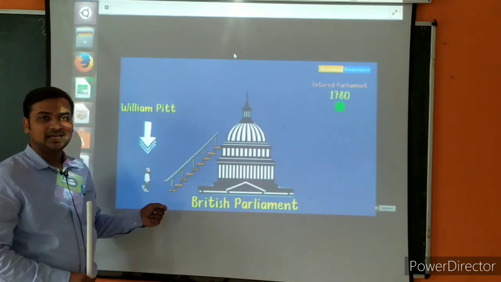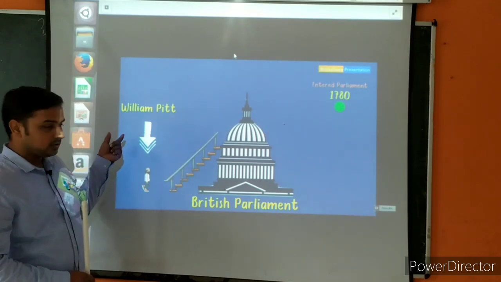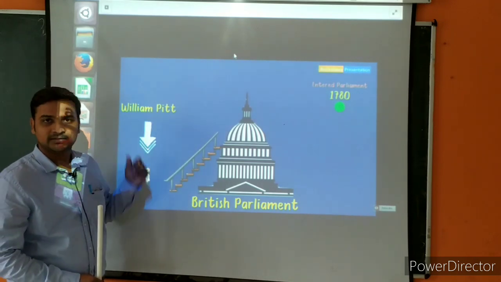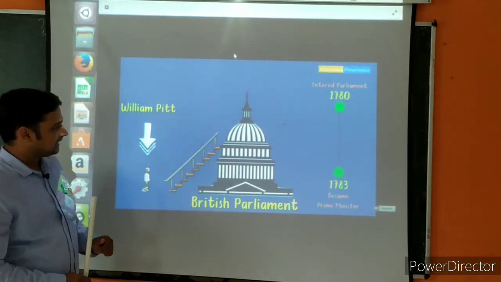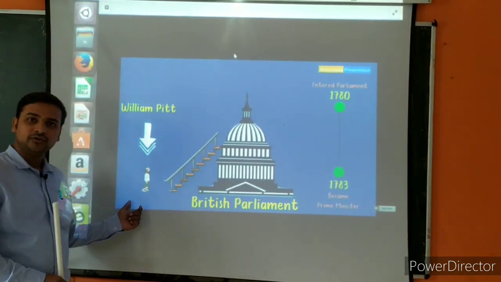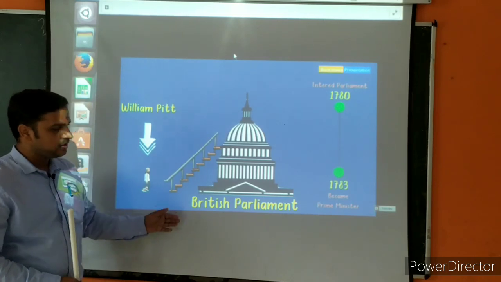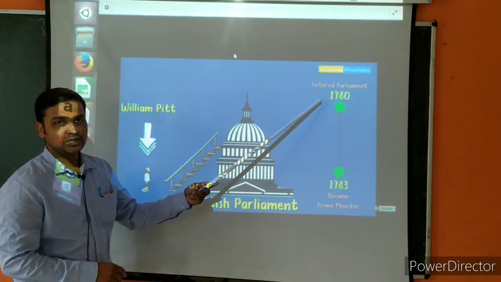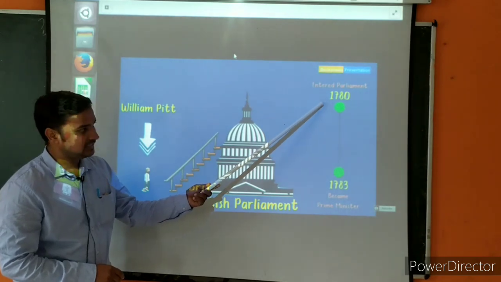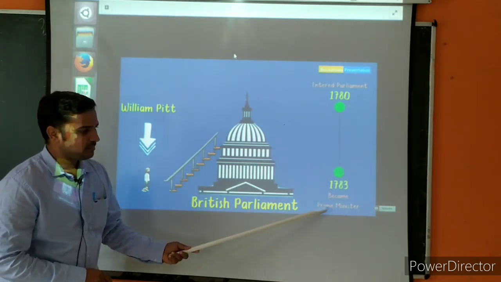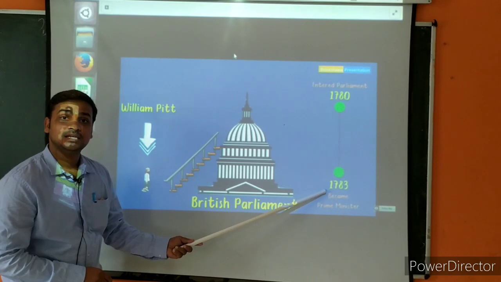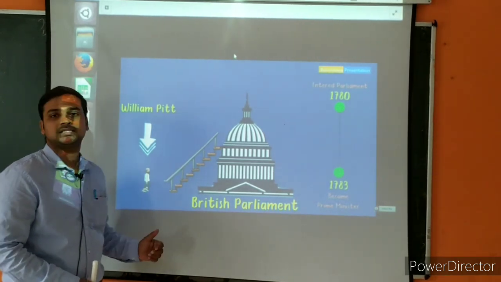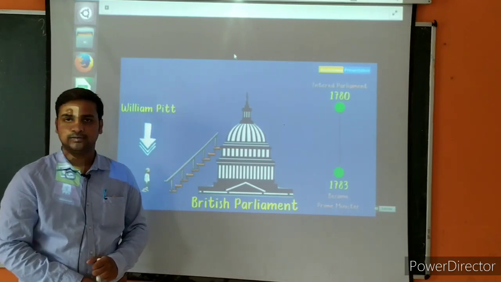So Pitt's India Act originated from his name, William Pitt. As I was saying, at the age of 21 he came into the British Parliament, and you can see here he came in the year 1780 and he became Prime Minister of England in the year 1783, the youngest Prime Minister of England.